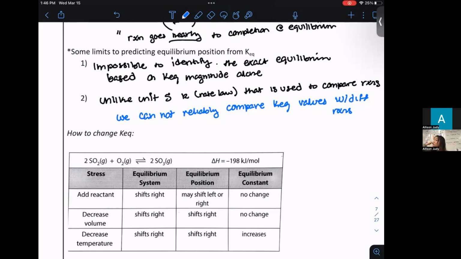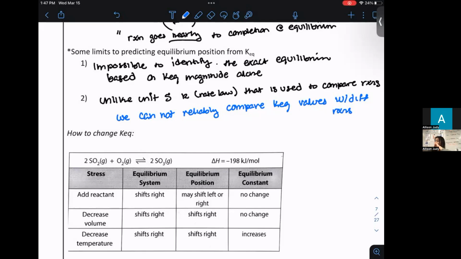With the small k, we can compare because it's specific to one direction of the reaction going, and it's specific to the kinetics. Equilibrium is adjacent to kinetics. It's based off kinetics, but it really focuses on ratio.